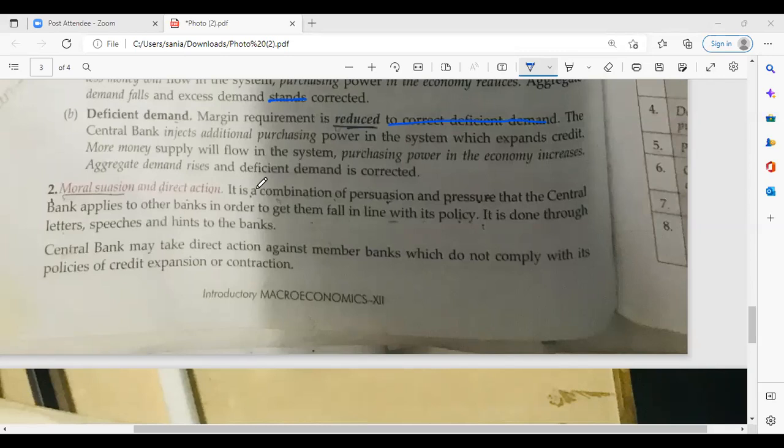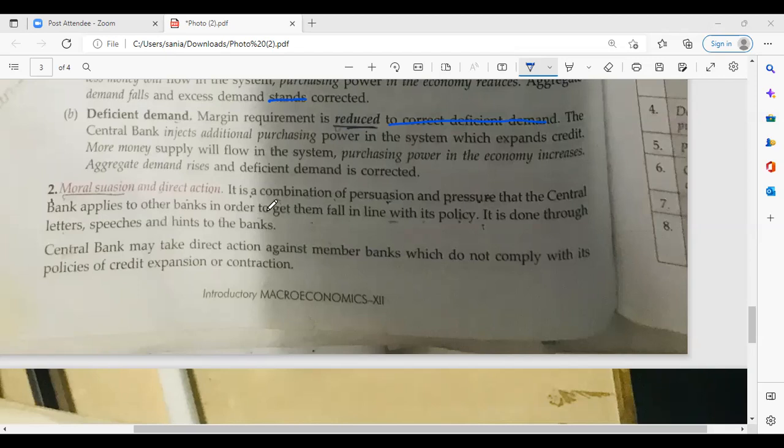So basically, it is a combination of persuasion and pressure that the central bank applies to other banks in order to get them to fall in line with the policy. For example, I am having a policy right now. If it's to my benefit, I will ask you, student, do this, student, do that.